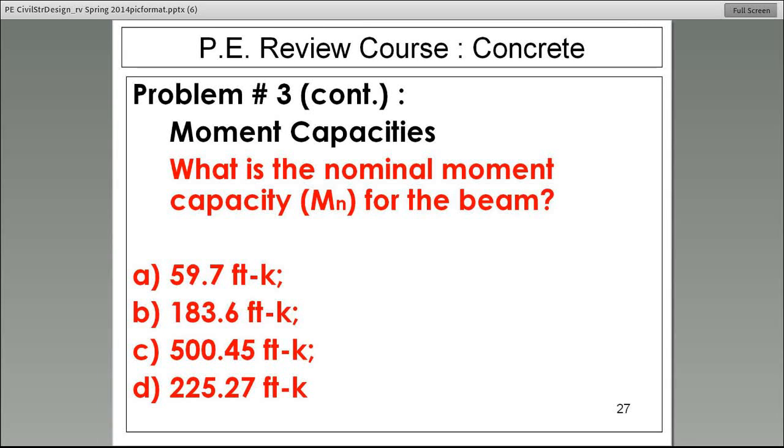But what about this problem? This last problem, I want everybody to please do this. What is the nominal moment capacity for the beam? The beam we've been just talking about, we found the strain in the concrete, we found the strain in the steel. Could you calculate the nominal moment? I'm going to give you a couple of minutes to do that. Go back and look at your notes, and see if you can calculate the nominal moment.